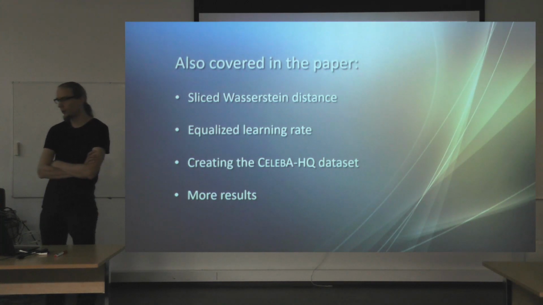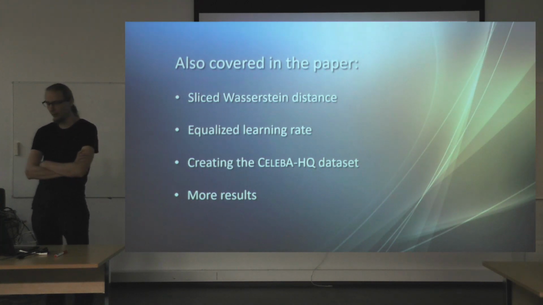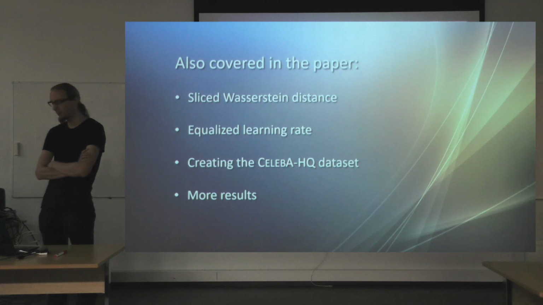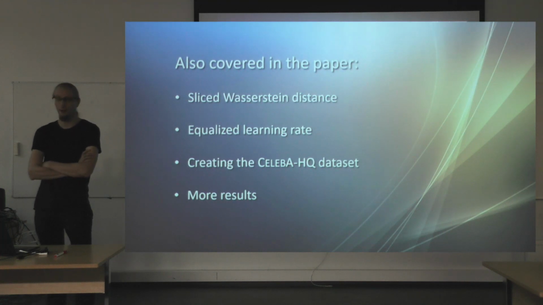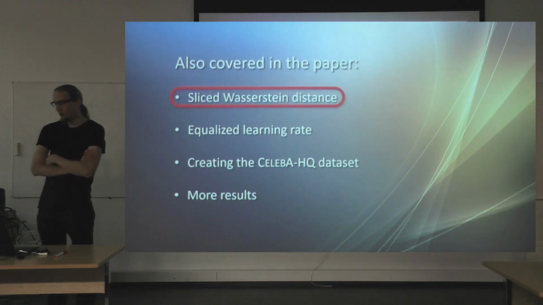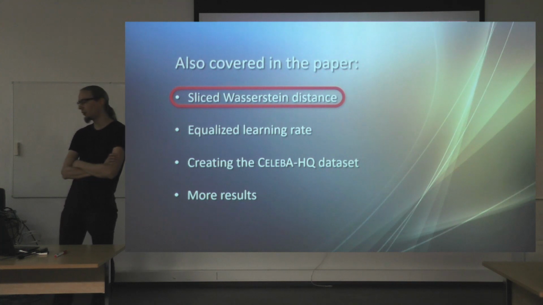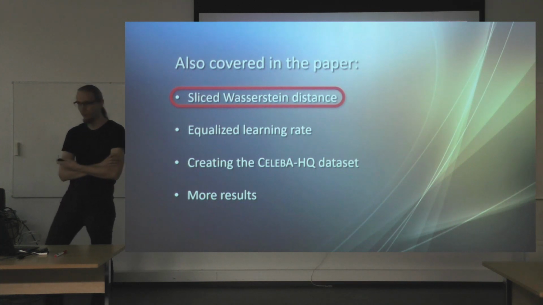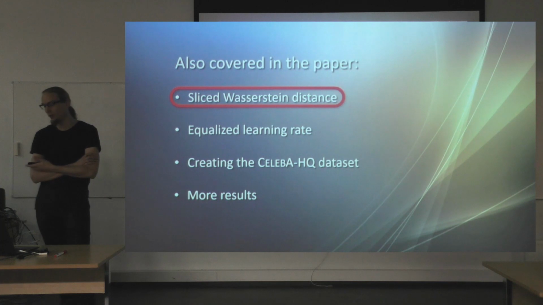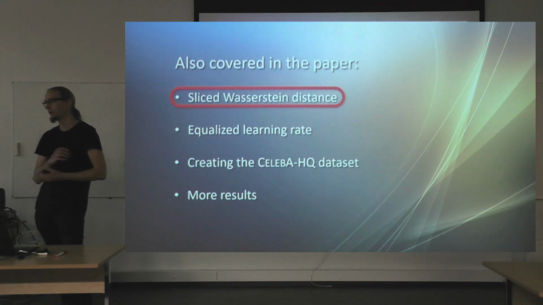We also cover a lot of other things and other contributions in our paper that I will not go into here. I should point out though that during the project we found it extremely important to have some kind of a metric to tell whether the images are getting better or worse when you're tweaking things, because it's extremely difficult for a human observer to look at hundreds or thousands of images and tell how they look.